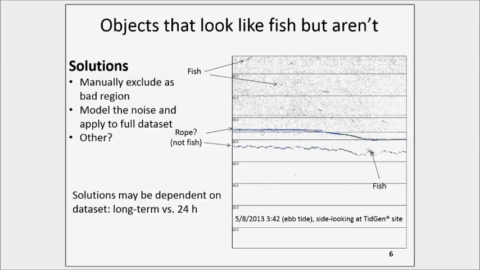So you can manually exclude this as a bad region, but since it's a rope, it actually changes distance. So you can't just take out a certain distance or depth range, or actually, in this case, a horizontal range in the echogram. One of the things we've been doing, Haley's been developing a model to actually remove that noise from the data set and apply it to a long-term data set.